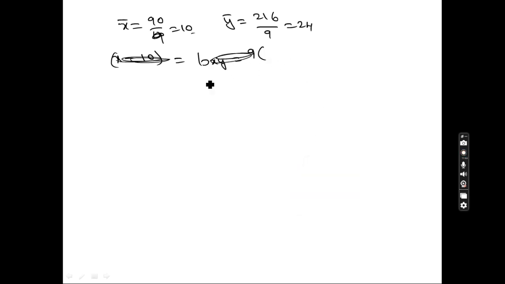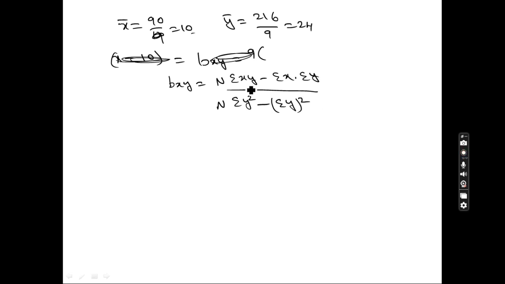So what is the formula I am going to write here? Bxy is equal to n into summation xy minus summation x into summation y, divided by n into summation y square minus summation y whole square. This is the formula you need to remember. So what is the meaning of n? N is nothing but 9, as 9 observations are there.